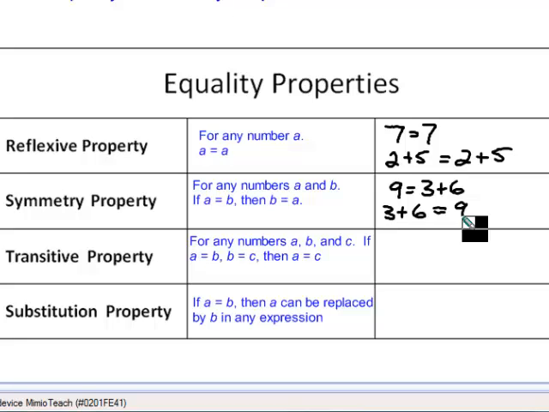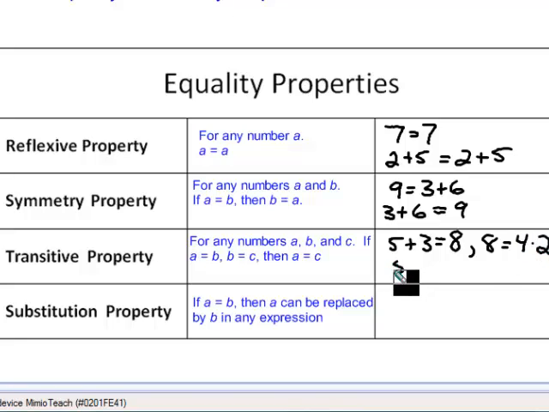Transitive property. For any numbers A, B, and C, if A equals B and B equals C, then A equals C. That kind of makes sense. Here's a good example. 5 plus 3 equals 8, and 8 equals 4 times 2.